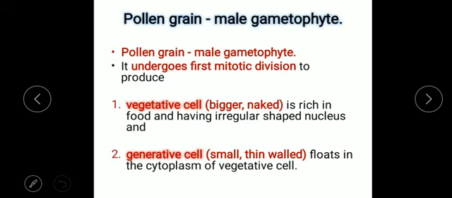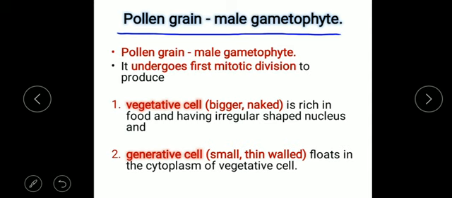Next is the pollen grain as a male gametophyte. As we all know, the pollen grain acts as a male gametophyte because it can produce the male gametes. You have to remember one thing here: the pollen grain undergoes division twice, and the division is very simple. It is an equational division, that is mitosis.